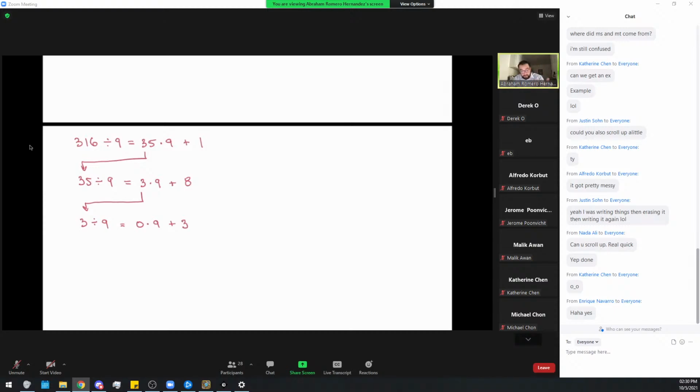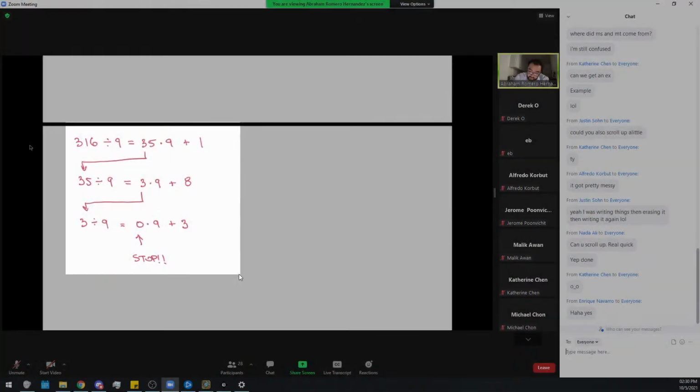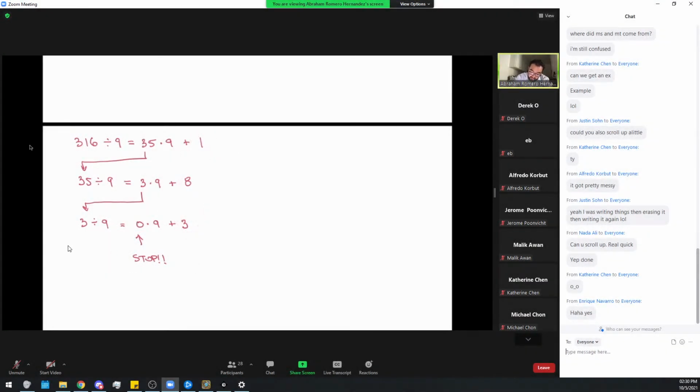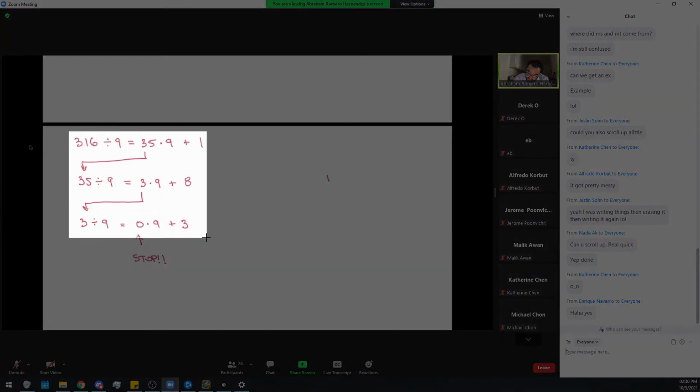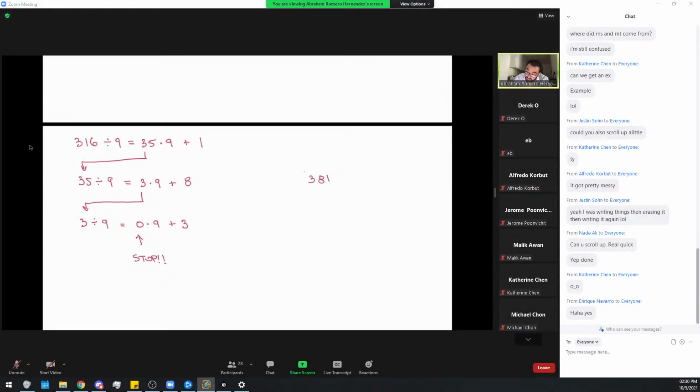And at this point, we stop because we have this 0. When we see the 0, stop. So notice the remainders, 1, 8, 3. So that's 381 in base 9, which is 316.